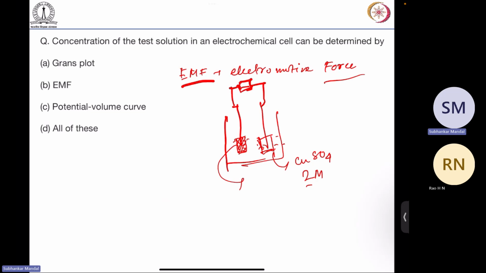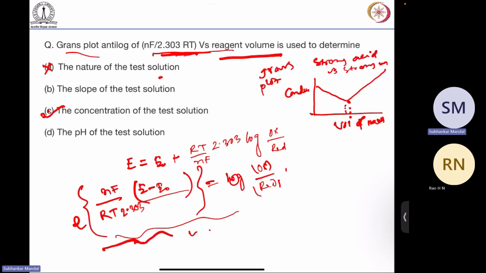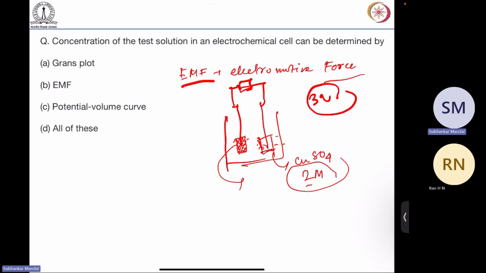So you get, suppose, 3 volt. Then from this 3 volt, how can you get to know how much concentration of copper sulfate is there? Just now we discussed Grant's plot. We get to know the concentration of the electrolyte from Grant's plot.